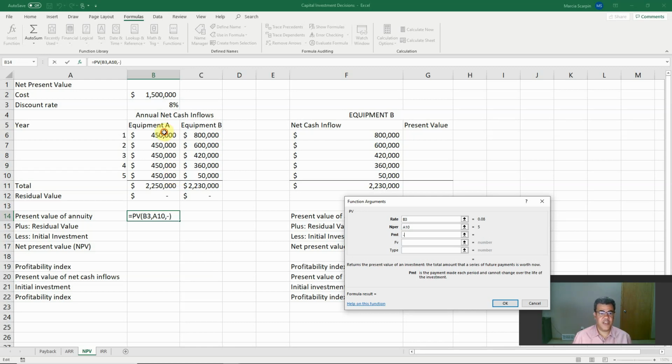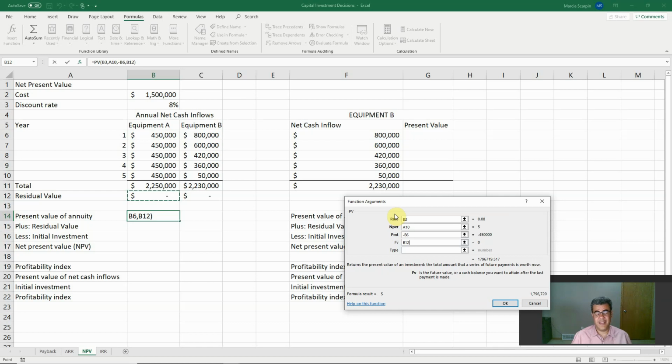PMT, negative 450. Why negative? Because present value and PMT have opposite signs. If we don't insert negative here, our answer will be negative. Future value would be our residual value. We have no residual value here, but we can have one.